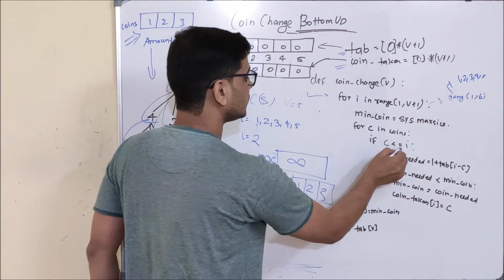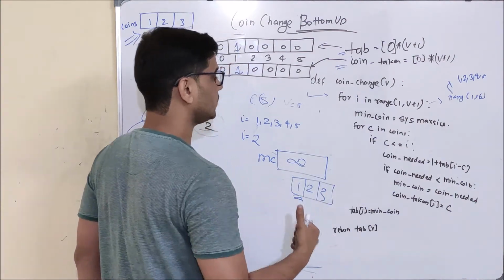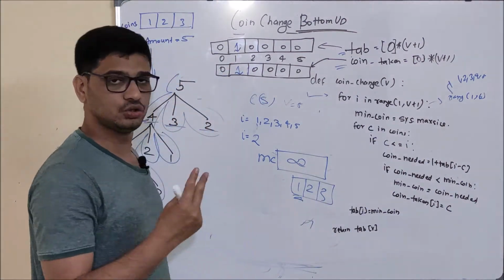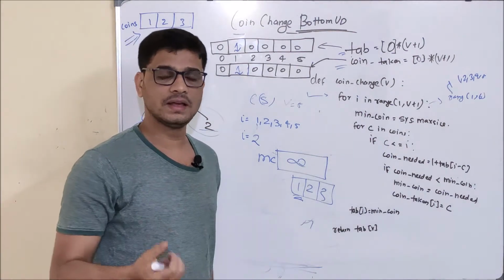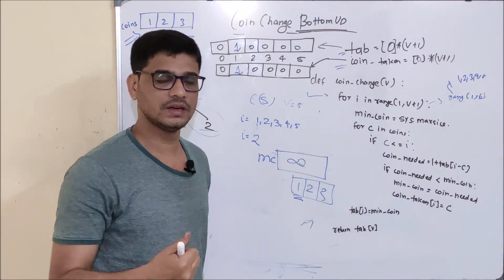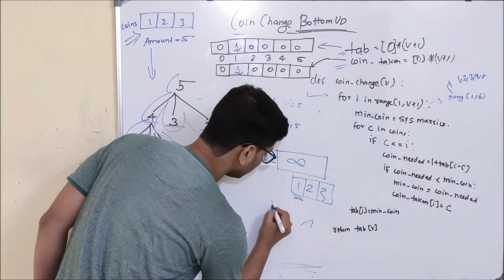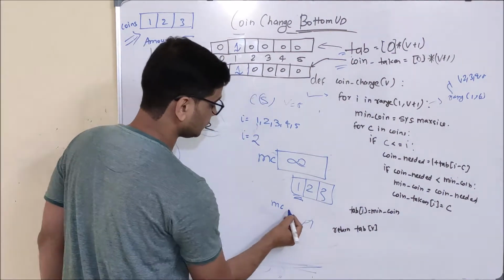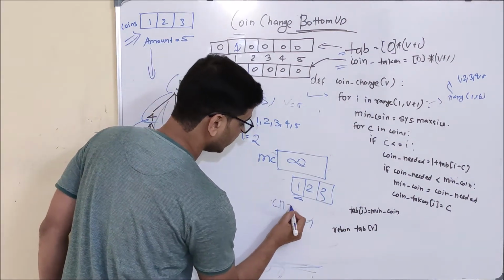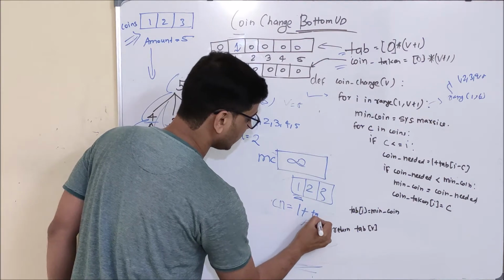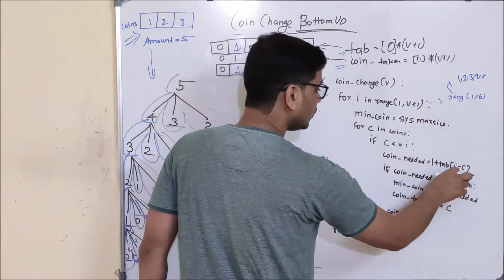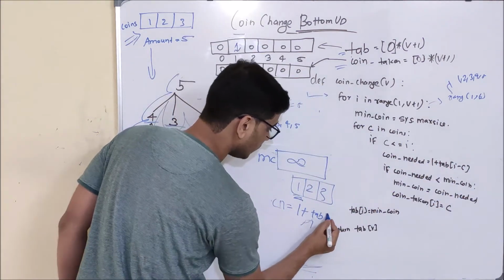So if c is smaller than or equal to i, what is i? i is 2 and c is 1. Can I take this coin? Yes. So what I am going to do? I will calculate coin needed. Coin needed will be equal to 1 plus tab of 2 minus 1, that is tab of 1.